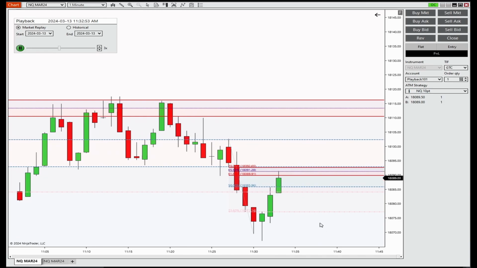Aggressive trade? Yes. Can you wait for confirmation? Yes. Will we get a change in order flow? Possibly. I'm not going to take this, but let's see how it plays out. Right? We'll see how this plays out.